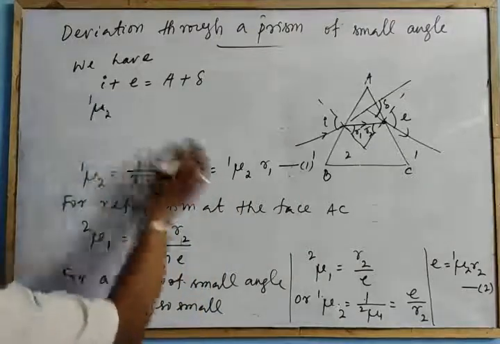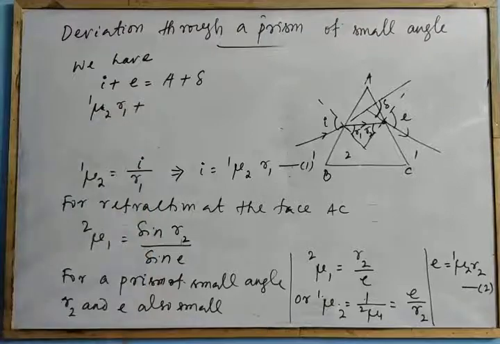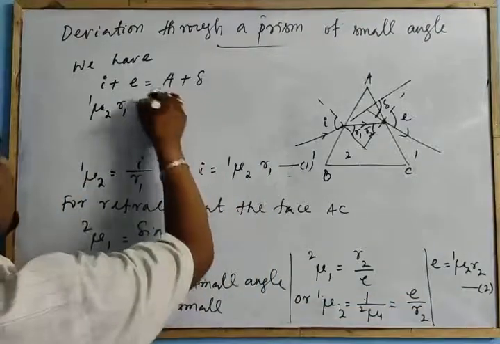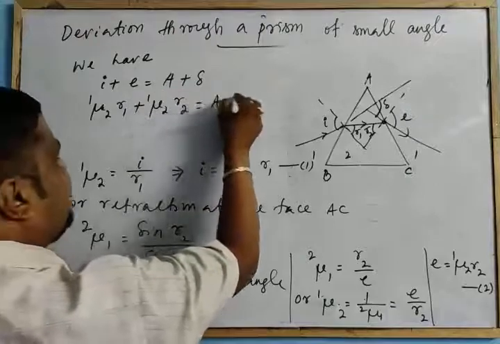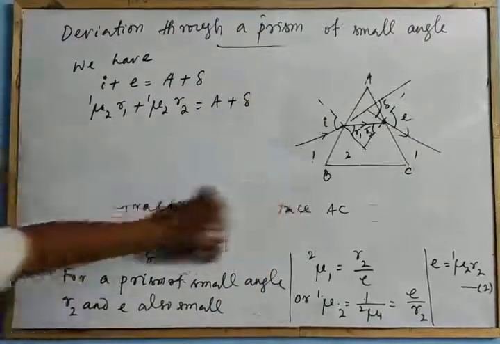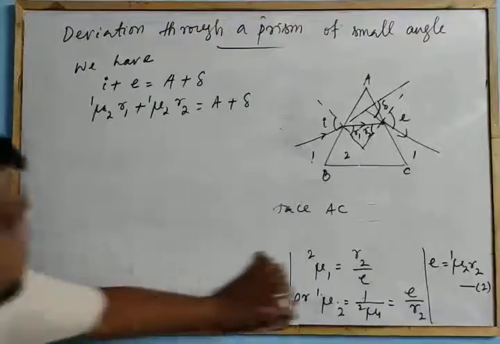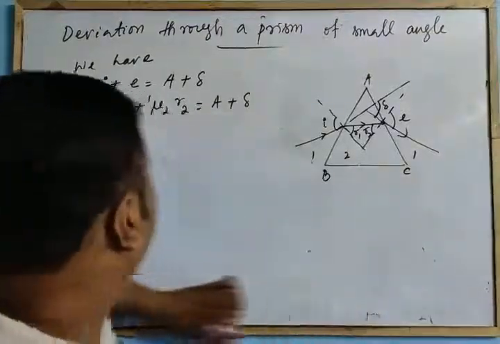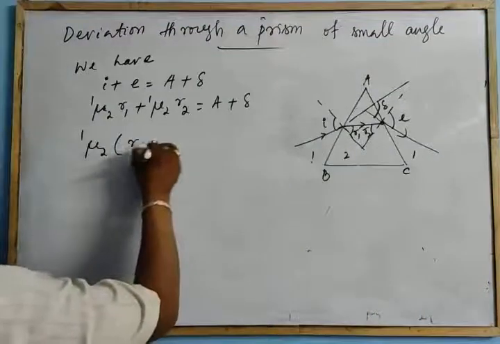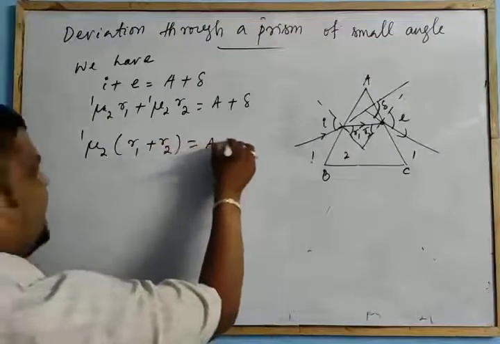Mu21 R1, plus what is E? Mu21 R2. Mu21 R2 is equal to A plus delta. Or you can write this as mu21 times R1 plus R2 is equal to A plus delta.